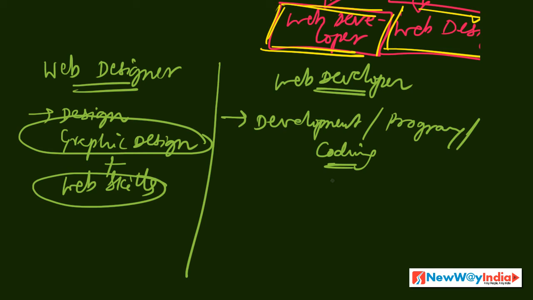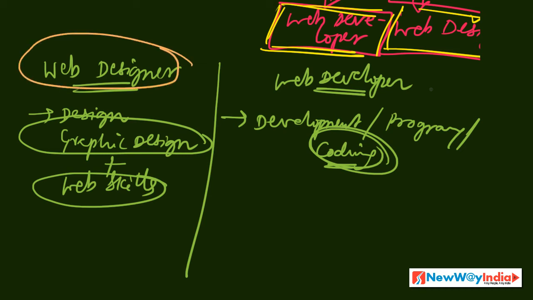Web developer is mostly the coding part. He is from a different area. These two people, web designer and web developer, combinedly create great websites, dynamic websites or good websites.